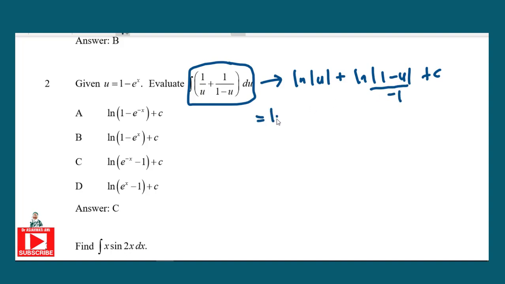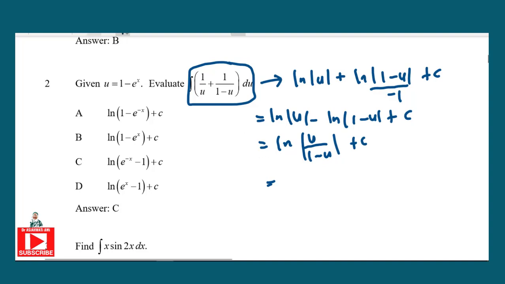So ln u minus ln 1 minus u plus c, and then using the second law of logs, ln of u over 1 minus u, plus c.